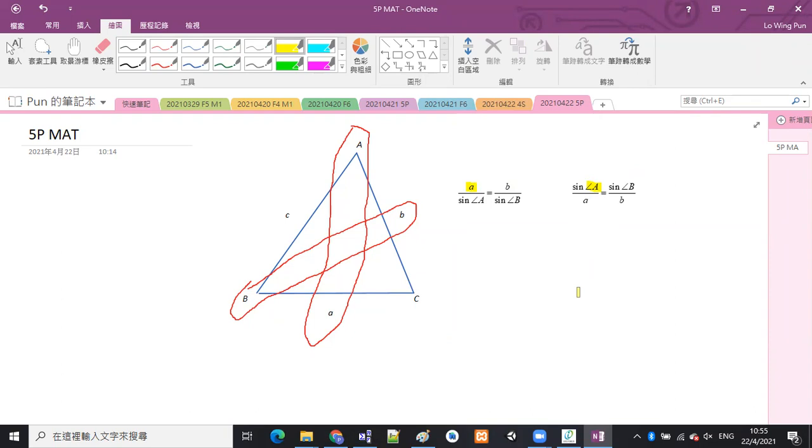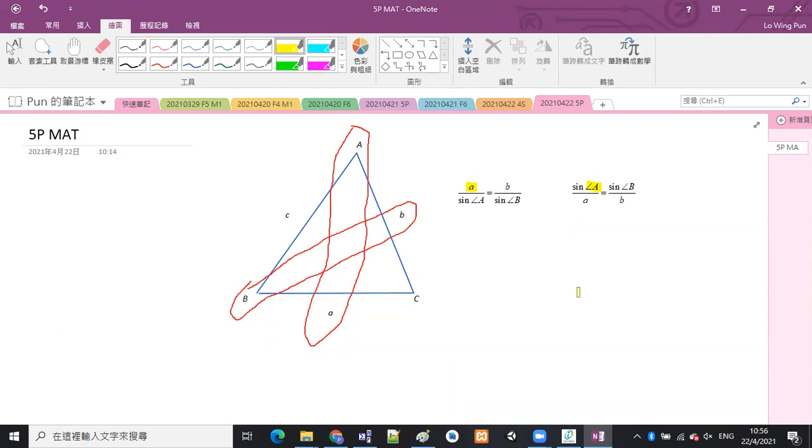It will be more convenient for you to do the calculation afterwards. If the question asks for an angle, we put the angle on the top left corner, so we use the other format. That makes the calculation easier. So that is all the knowledge about the sine formula.